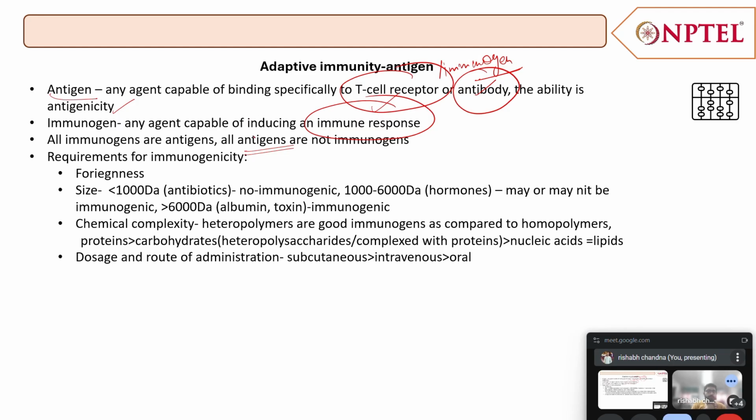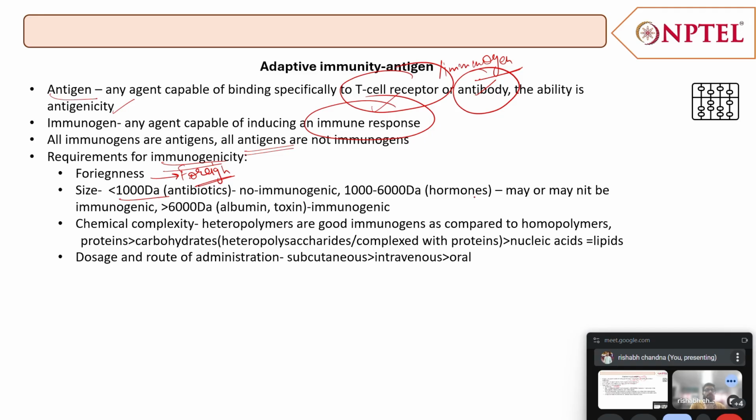Now, if we look at any immunogen, there are certain requirements that allow those immunogens to be actually active. The immunogen must be foreign. Then the size of the immunogen: if it is less than 1,000 daltons, those are basically antibiotics, and they are not immunogenic.